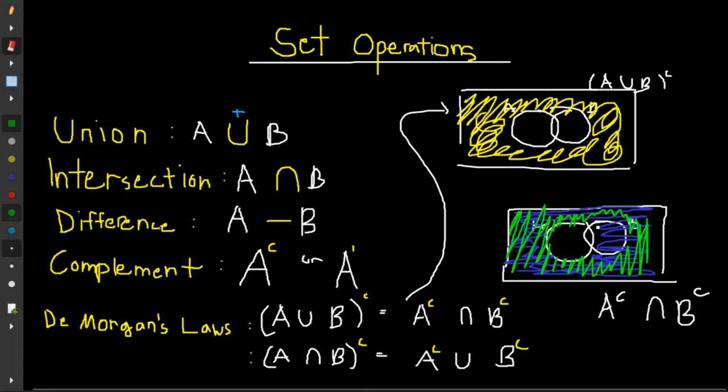And this part is only for the blue, or the A complement. So you can see the rest of the diagram is their intersection because it contains both colors. So clearly, these two sets are equal.